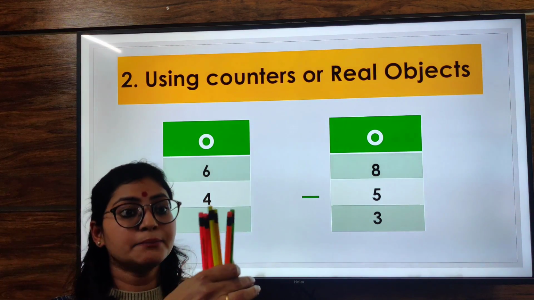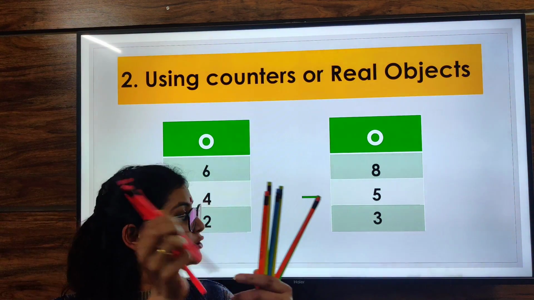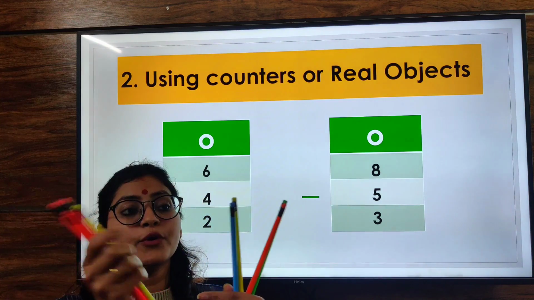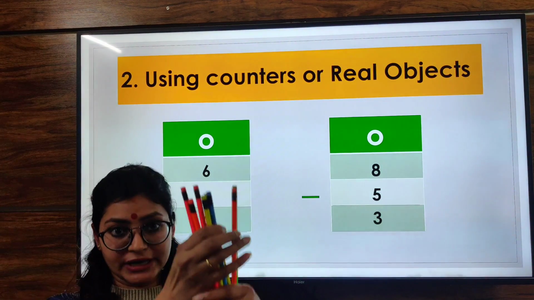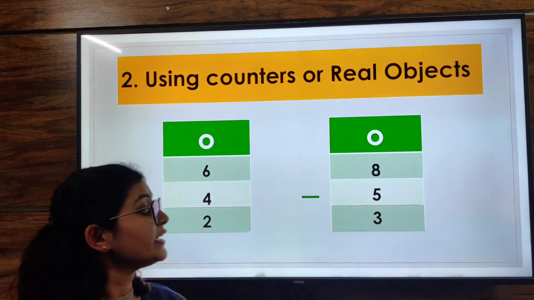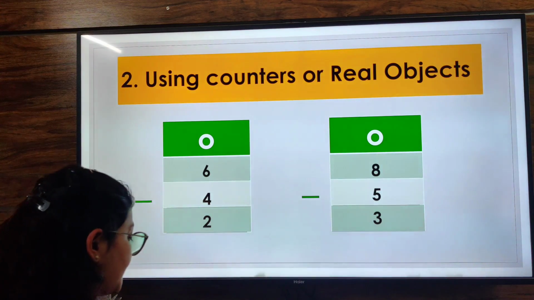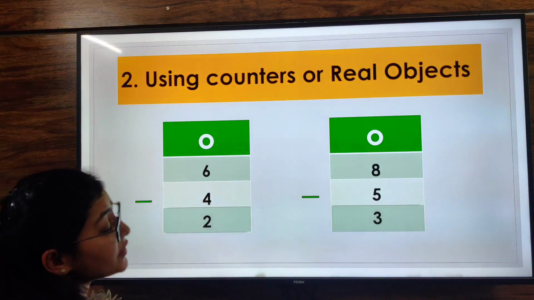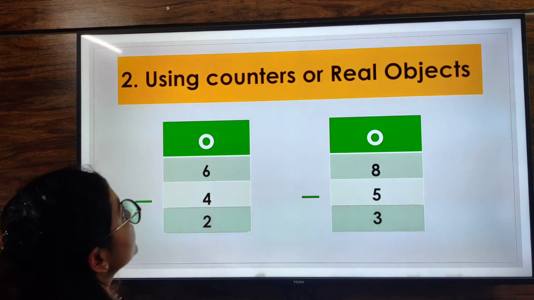So 8 minus 1, 2, 3, 4 and 5. So 8 minus 5 is 1, 2 and 3. 3 pencils. I am sure this second method is also clear to you.